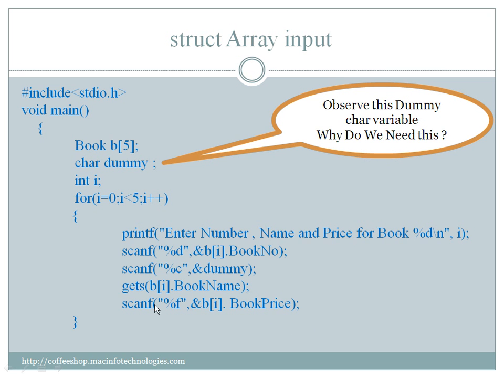Similarly, the values are taken until b of 4 dot book number, b of 4 dot book name, and b of 4 dot book price. Once i increments to 5, 5 less than 5 is false, and it comes out of the loop. So we can take values for all the books from b of 0 to b of 4.